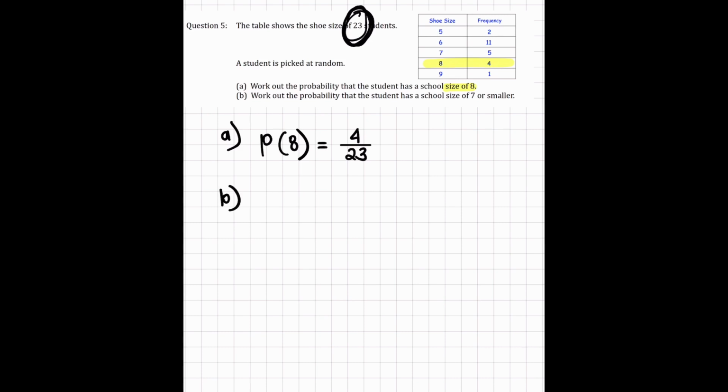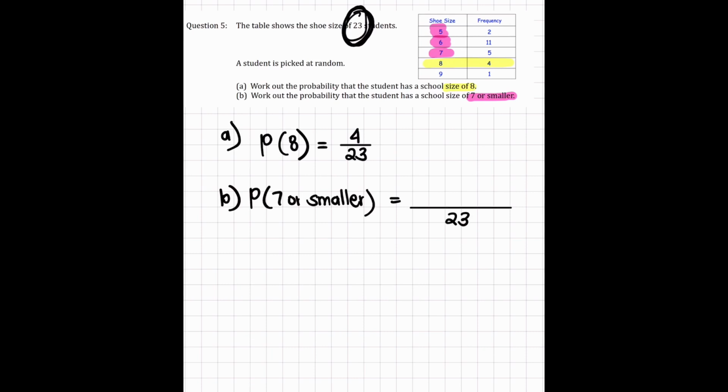Question B says, work out the probability that the student has a shoe size of 7 or smaller. So now we're looking for 7 or smaller. So what does that mean? It needs to be size 7, but then all the sizes that are smaller than size 7, which is size 6 and size 5 as well. So the probability of being 7 or smaller: well, the total number of students is 23.